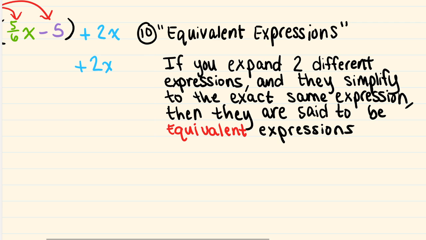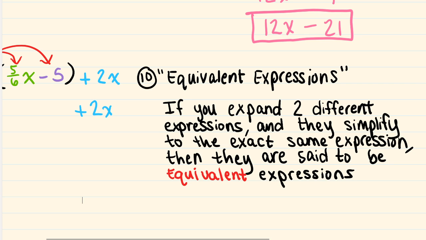So in equivalent expressions, what that means is if you have 2 different expressions, you expand them and they simplify to the exact same expression, then they are said to be equivalent expressions.